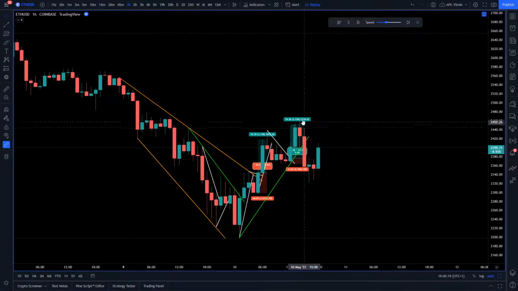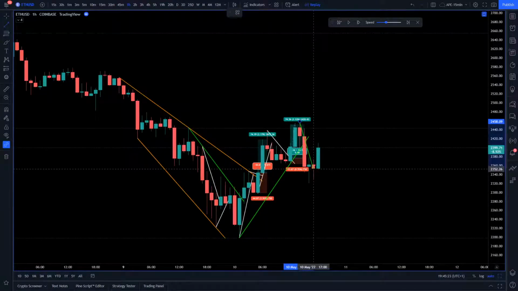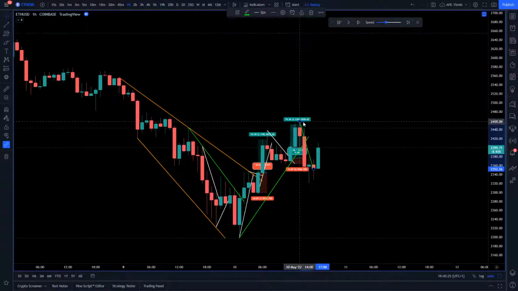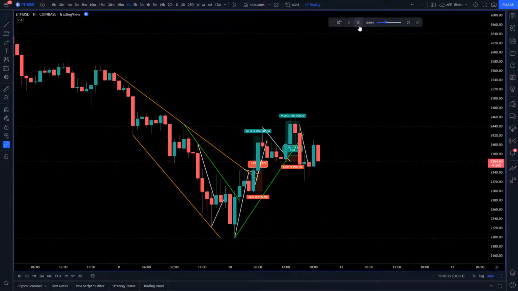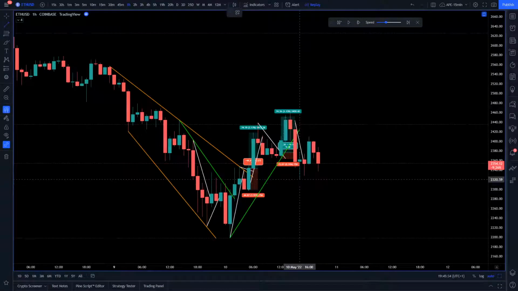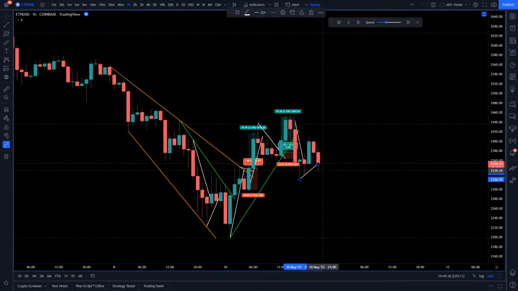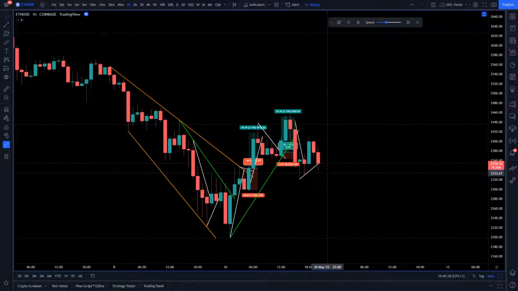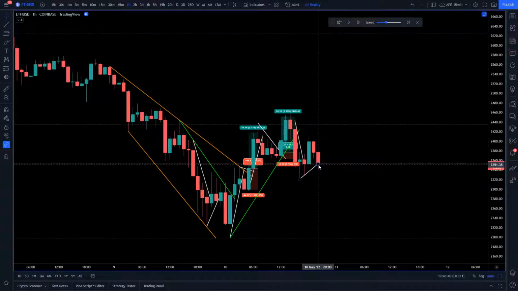Now we have another white, and then let's keep moving. We have another white, so we can enter this short, but how?